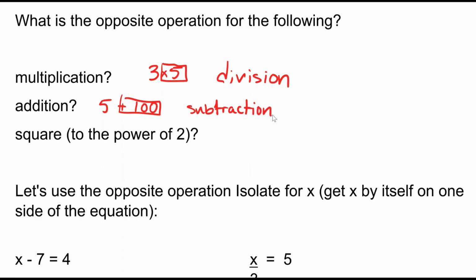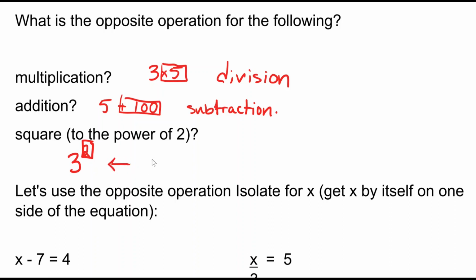So it's important for us to know that these opposite operations exist because we're going to be using them shortly. If I square something, let's say I went 3 to the power 2. Well, that's 9, but how do I do the opposite of that? What's the opposite of raising to the power 2?